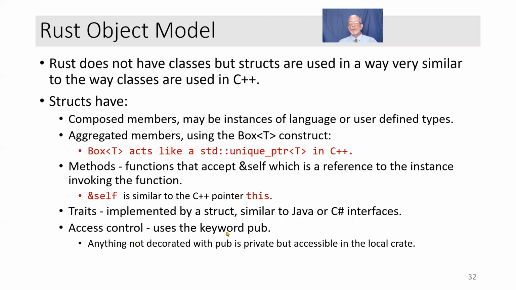And Rust has access control using the pub keyword for public. So anything that isn't decorated with the pub keyword is private for all external uses, but any code in the local crate, in the local package, has access to data, whether it's decorated with pub or not.